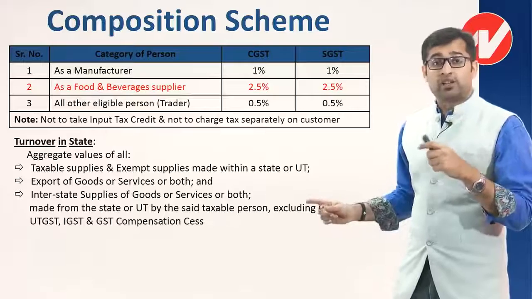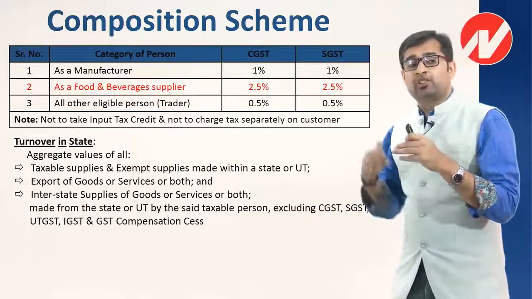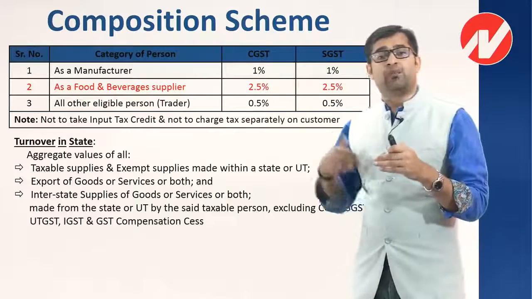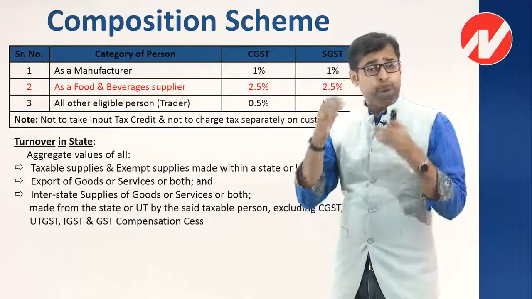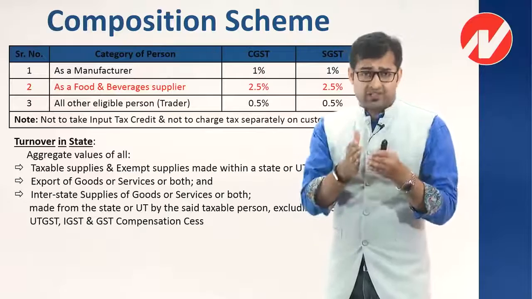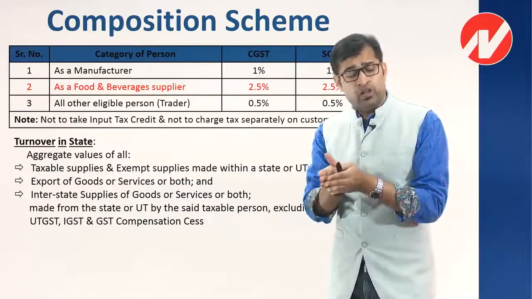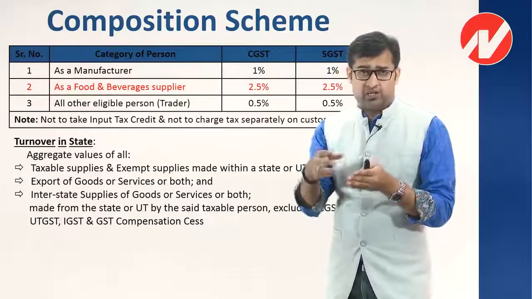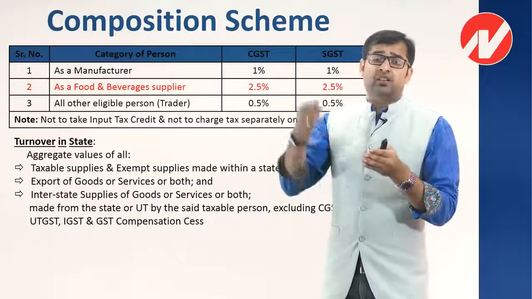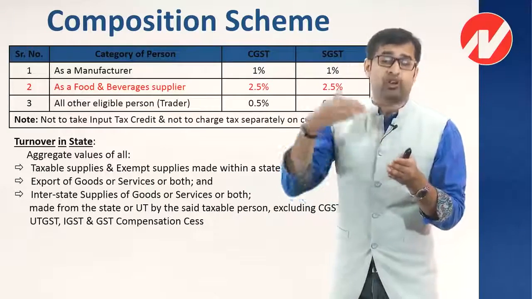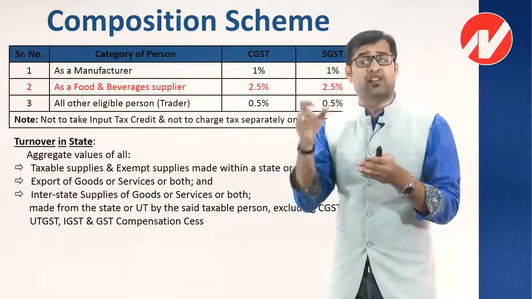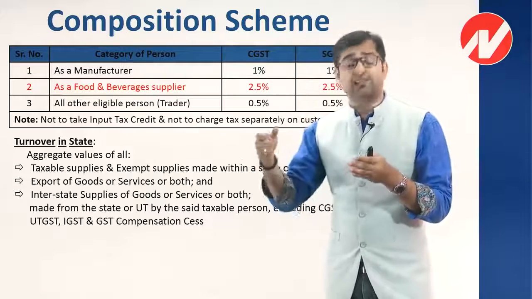But more important is यहाँ पे क्या बोला है, made from the state or a union territory by a taxable person. So एक taxable person जो कोई पर्टिकुलर स्टेट या यूनियन टेरिटरी में काम कर रहा है जहां पे वो रजिस्टर्ड है, so whatever turnover that he has made from such state or a union territory will be considered as his turnover in that state.